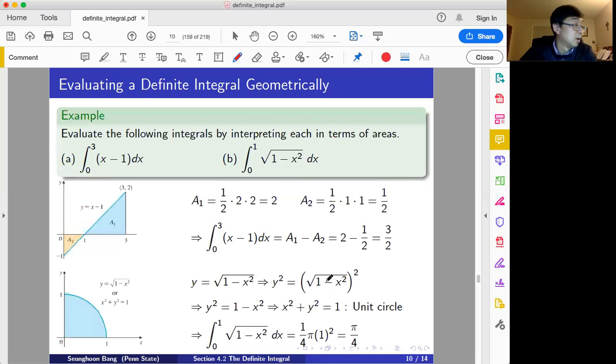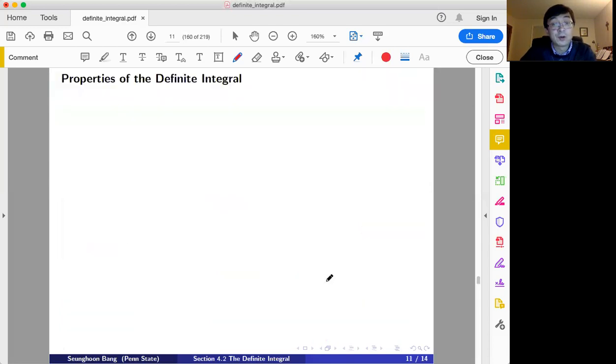So next, we think about the properties of the definite integral. Assume that the functions f and g are continuous and c is a constant. What is the integral from b to a of f of x?